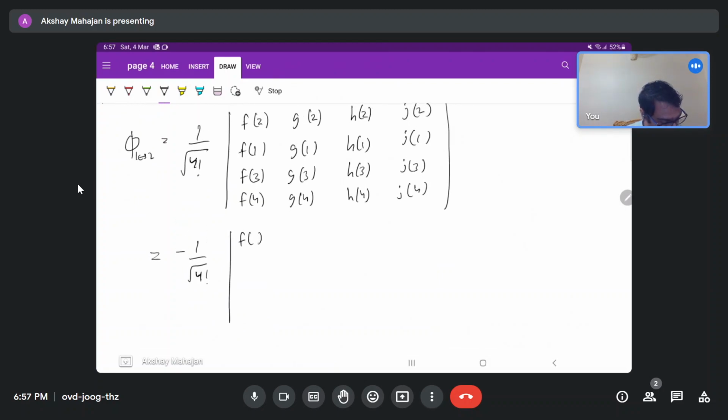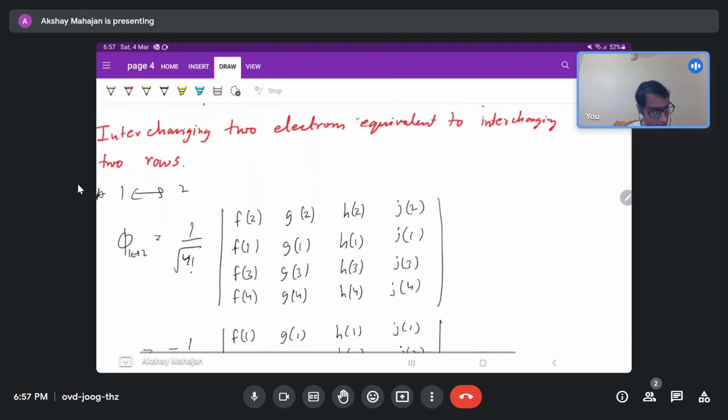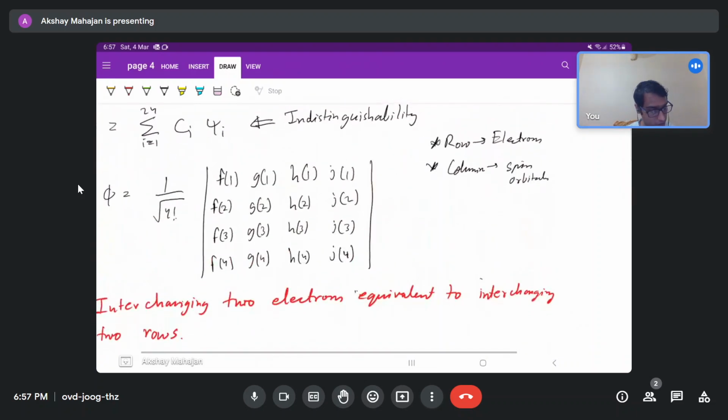So it will become F1 G1 H1 J1, F2 G2 H2 J2, F3 G3 H3 J3, F4 G4 H4 J4, which is the same as our main phi wave function.